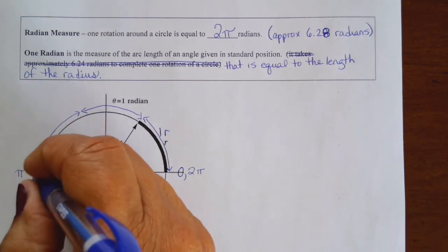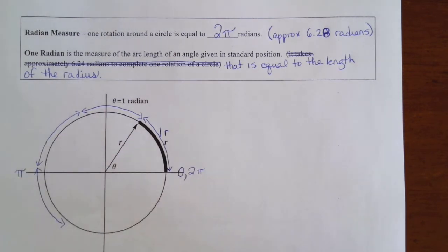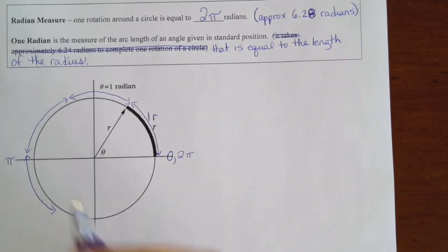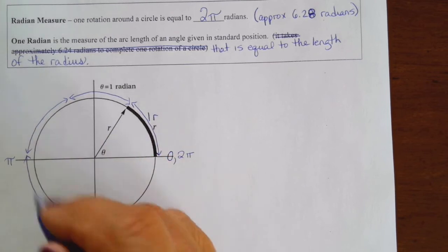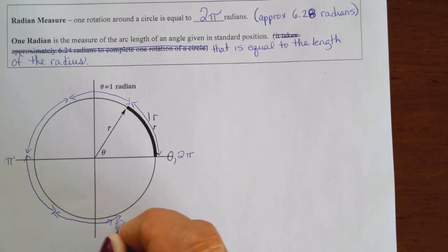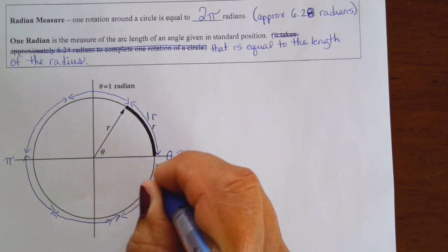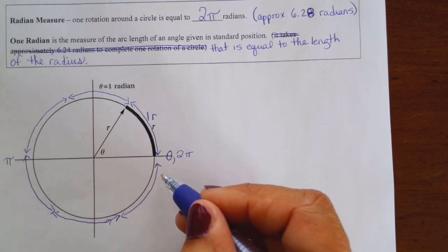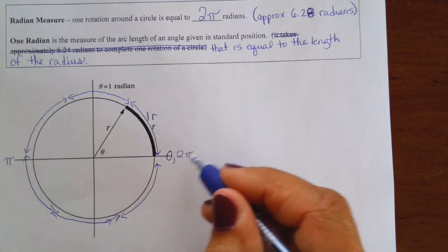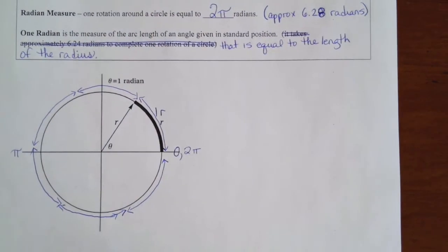If I do it again, I go right about here: 1, 2, 3, so there's 4 radians. If I go again, I'll get 5 radians, and then 6 radians would stop a little bit short, because all the way around the circle is 6.28, 2 pi.